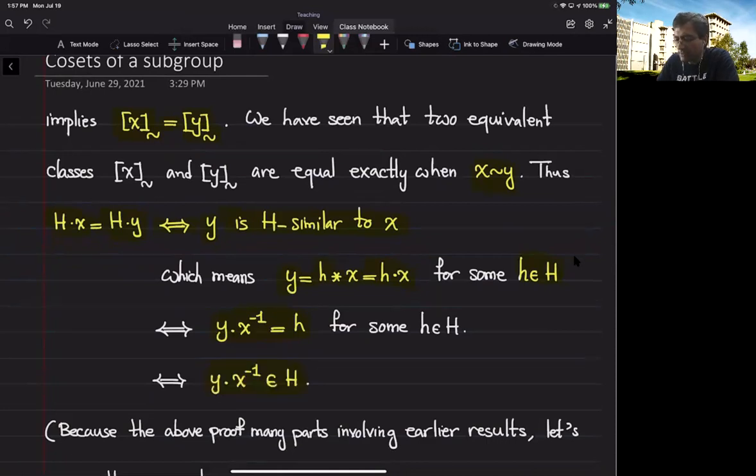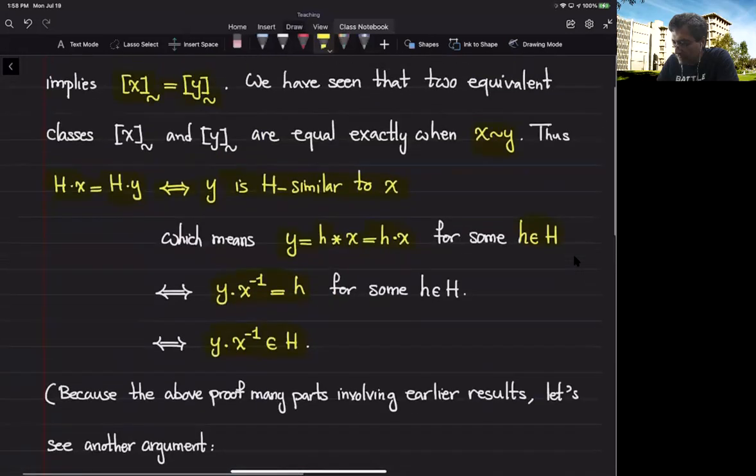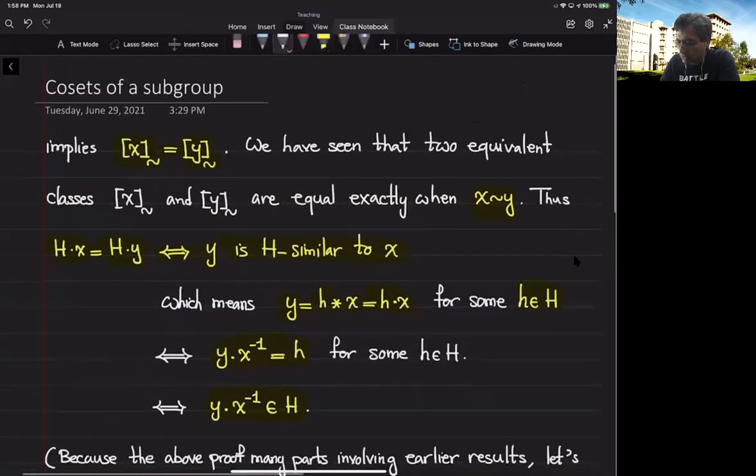Okay, I could have done a similar thing, because this is the same as saying that its inverse belongs to h, by taking inverse. So I get it this way. Or I could have written it like this, that h inverse is x dot y inverse.